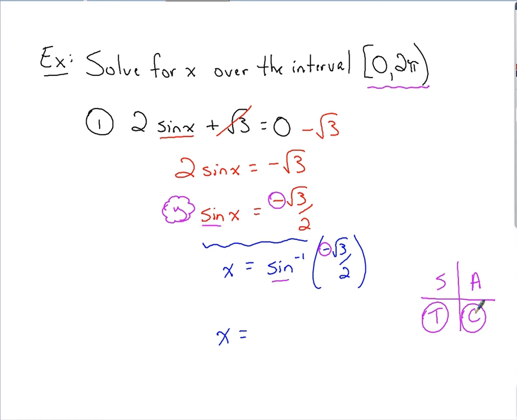So in the third and the fourth, we look for y values of negative root 3 over 2. And we should find what? 4 pi over 3, that would be in the third quadrant, and 5 pi over 3, that would be in the fourth. So using the unit circle, as long as you've got it memorized or sitting right there in front of you, that's one way to do this.